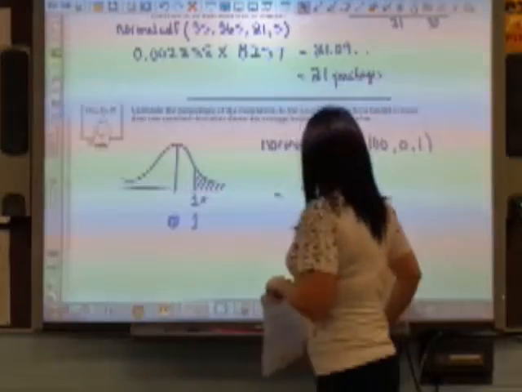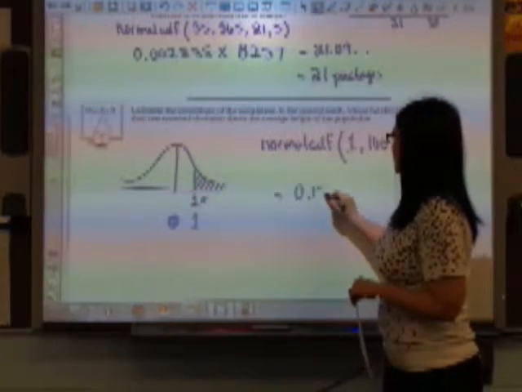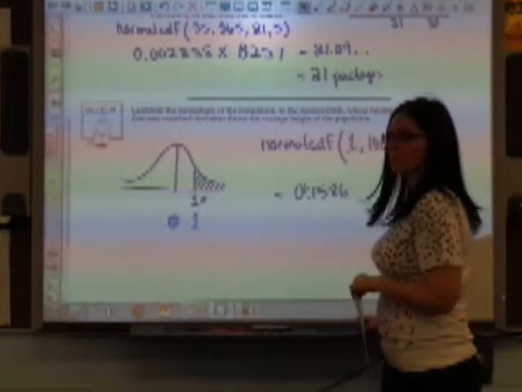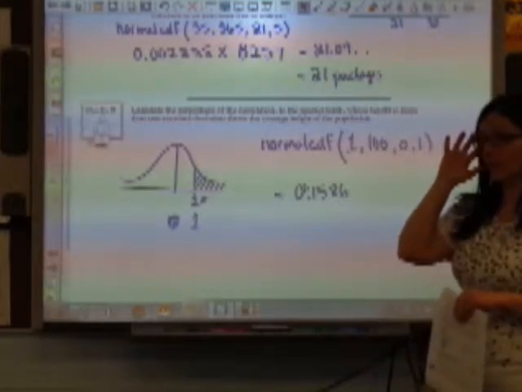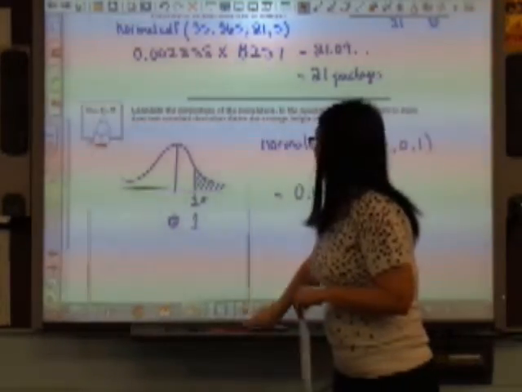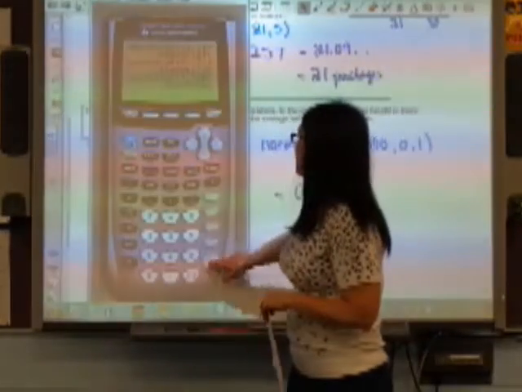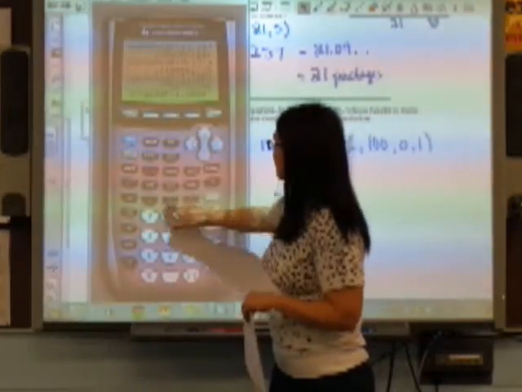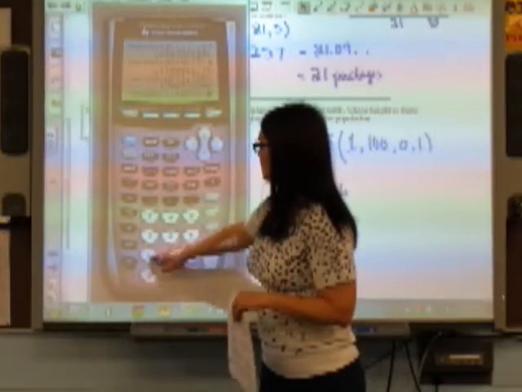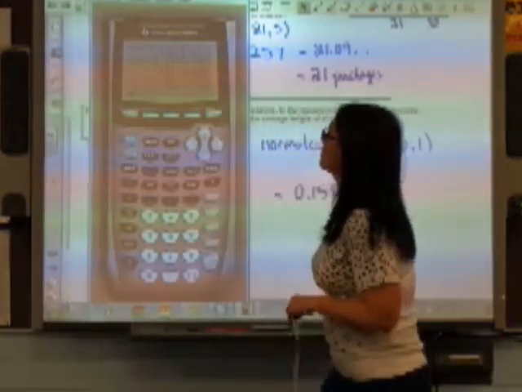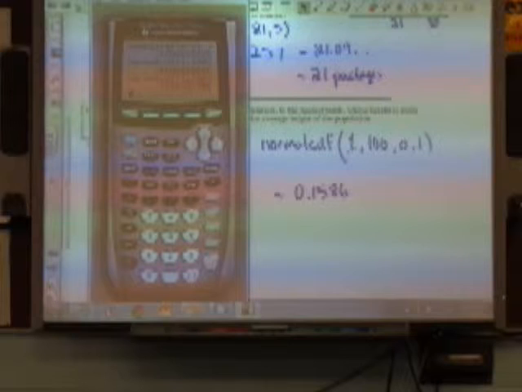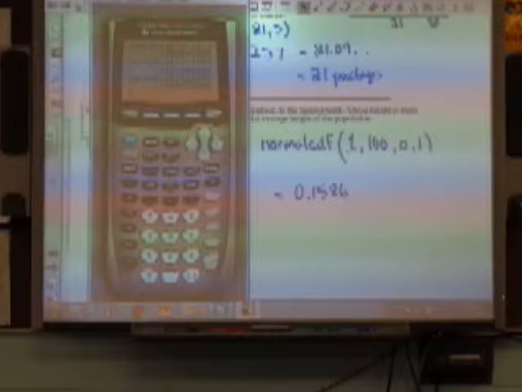We're going to write that down. Do you have to use the 0 and the 1? And if I put in the 0 and the 1, does it change the answer? No. Same answer. So the default of the calculator is if you don't put in the average and the standard deviation, it writes them down as being 0 and 1.